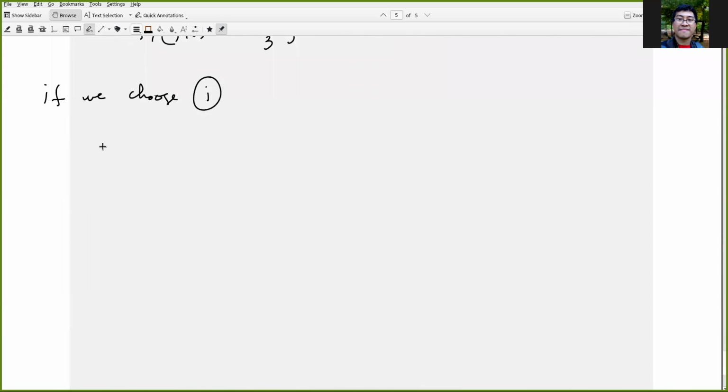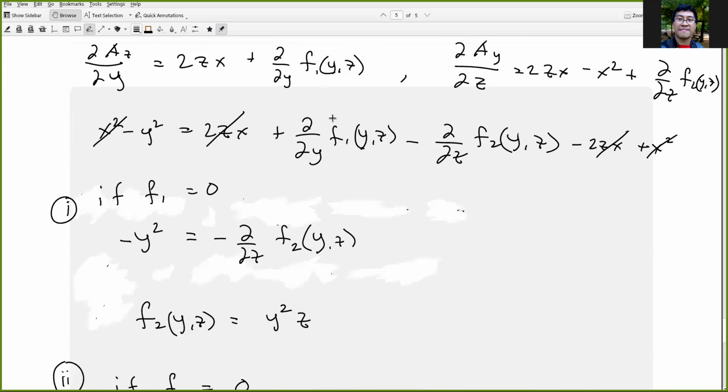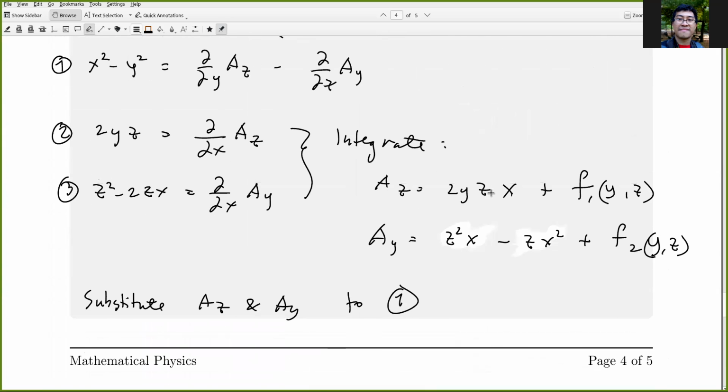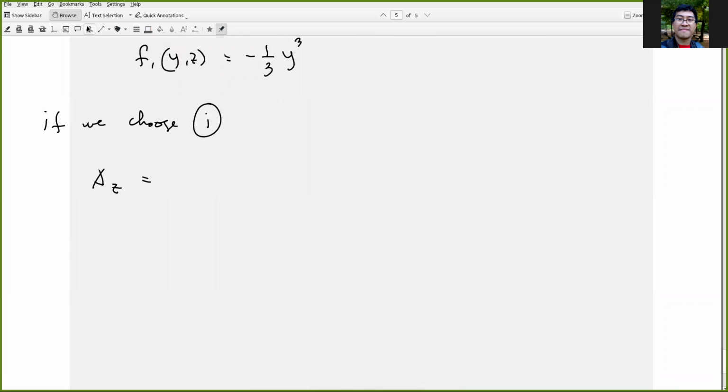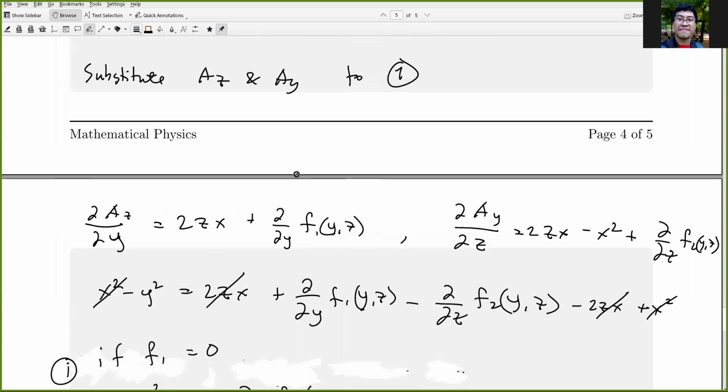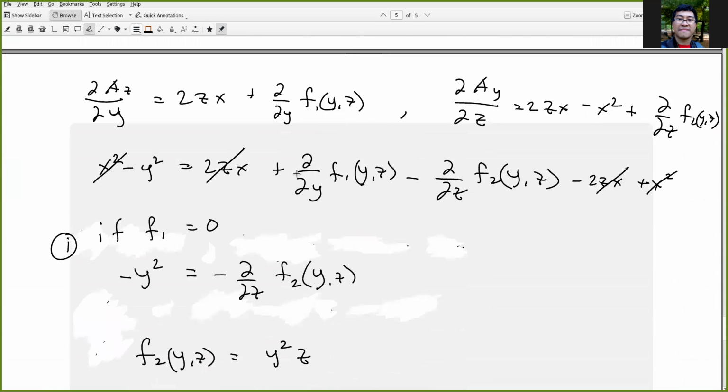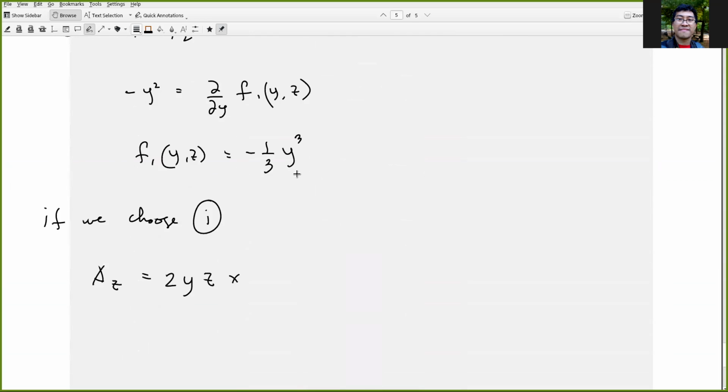So az, that's equal to 2yzx plus f1. f1 is 0.